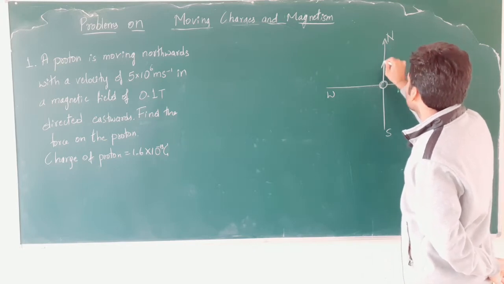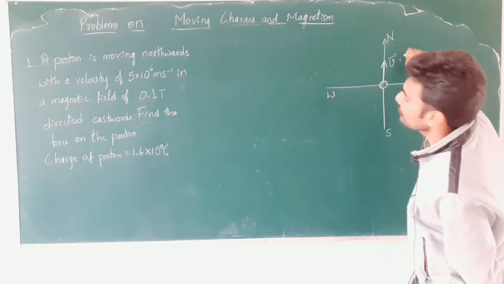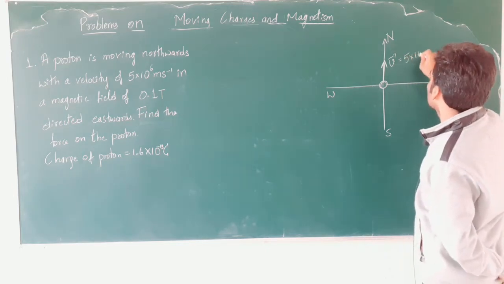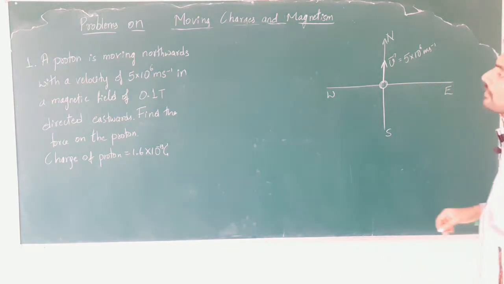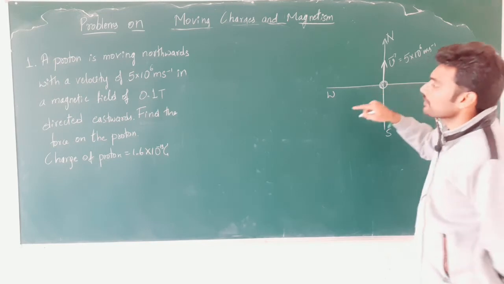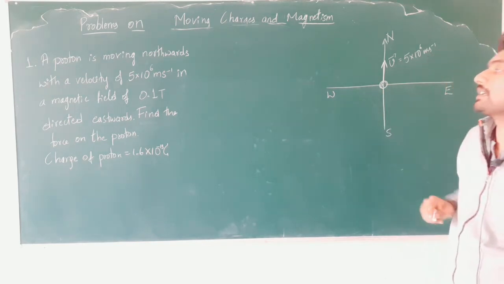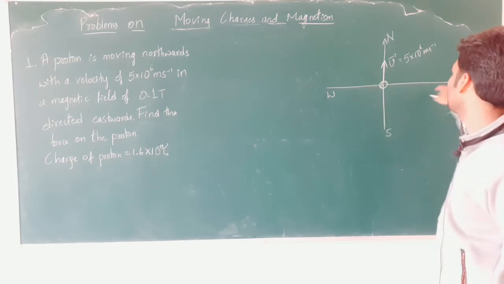This is the direction of velocity, whose magnitude is 5 × 10^6 meter per second. And at this point where the proton is moving, we also have a magnetic field of 0.1 Tesla directed eastwards like this.